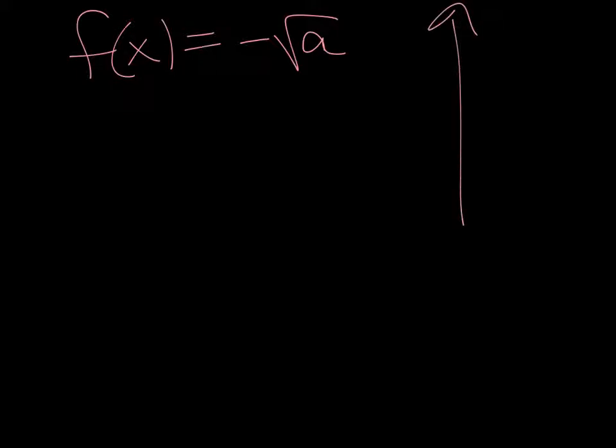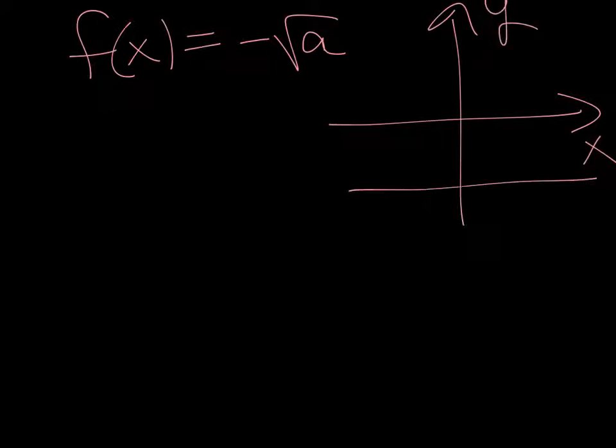Now let's suppose our function this time is equal to negative square root of a. I'm not telling you what a is, but negative square root of a is some negative number. So it'll appear down here, negative square root of a.